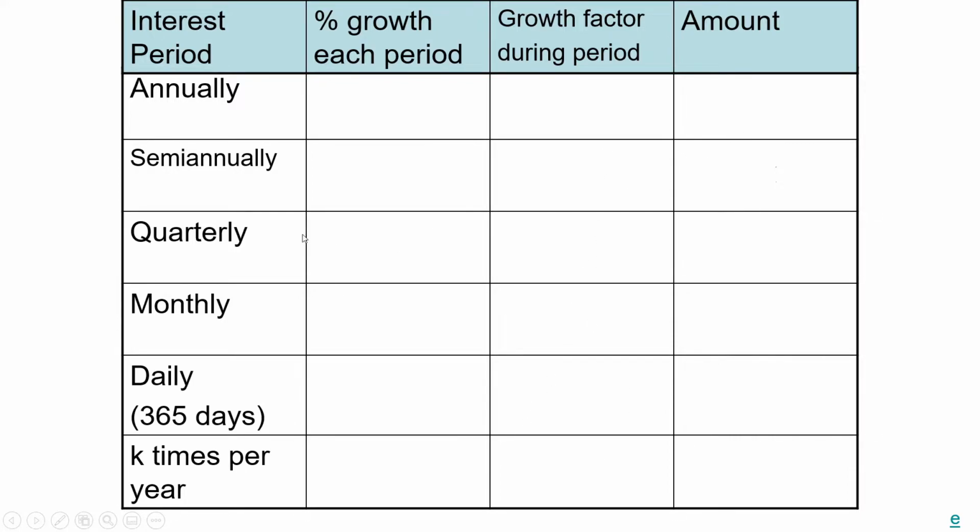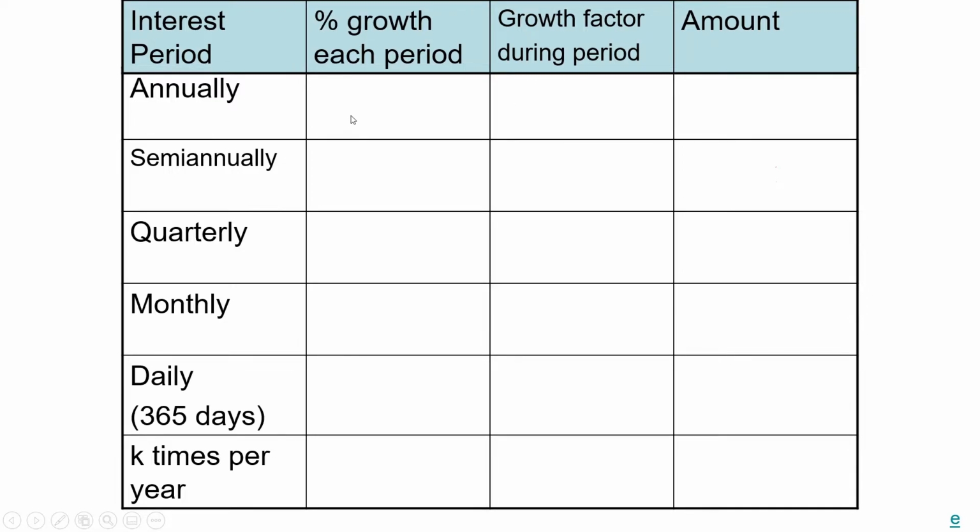And what we're doing is another table to develop a very key formula. Okay, so let's start at the top here. We've got our interest period, our percent growth each period, our growth factor during each period, and the amount of money we're going to have.